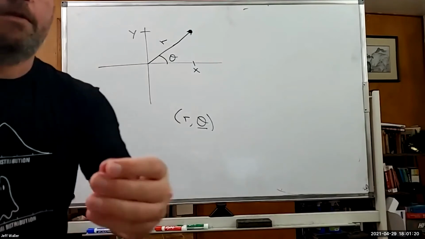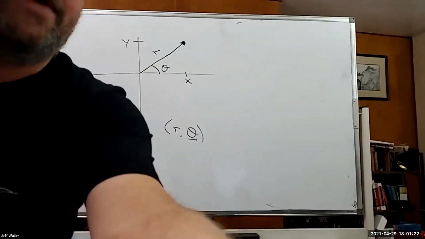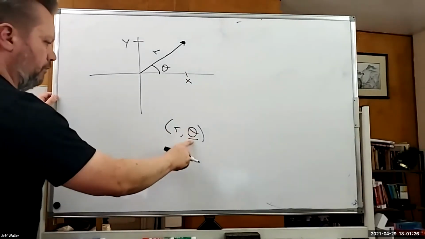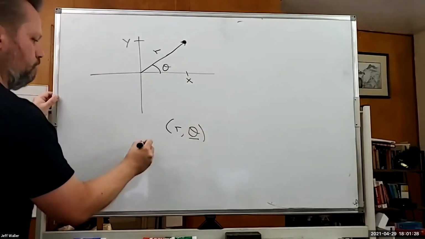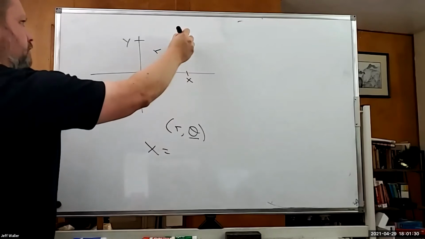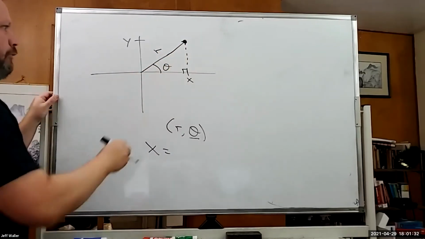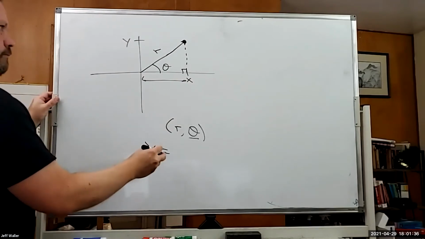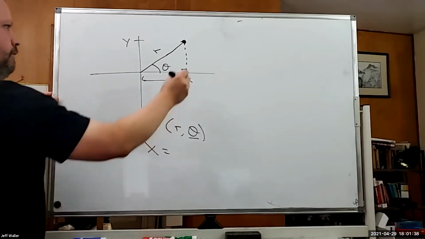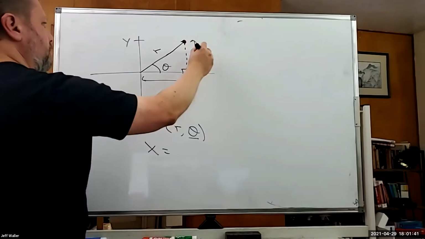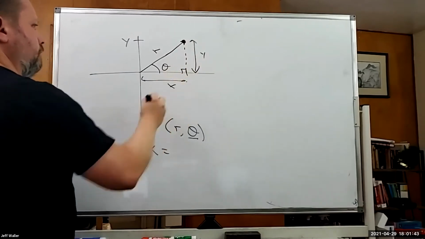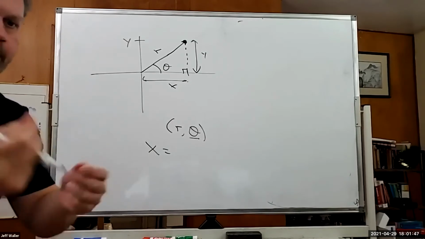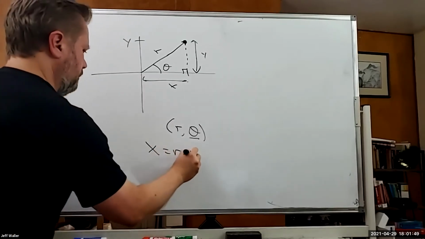All right, so we developed a way to translate from polar to rectangular. And it's not hard because it's just a little right triangle here, right? So what would x be? What would y be? Come on. r times cosine theta.